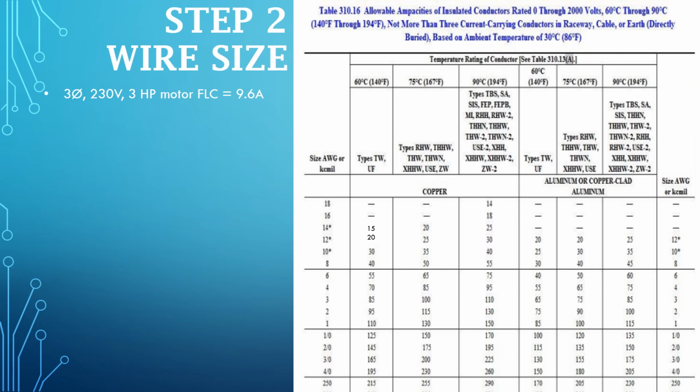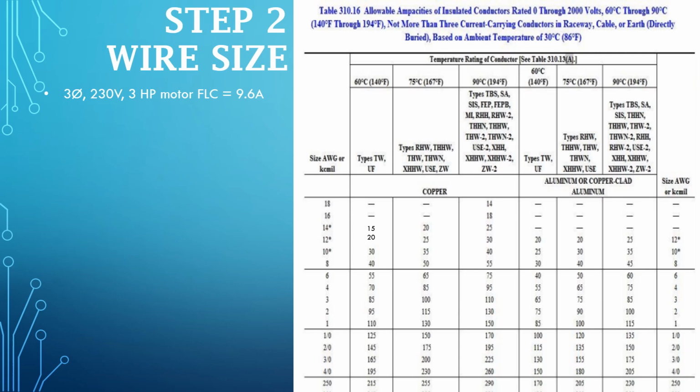So we're going to work right back through the same problems that we were just working on. Generally you're going to be working a motor from one end all the way to the other, so these first few steps, we'll look at the same thing at each of the steps. We've got our three-phase 230 volt 3 horsepower motor, and in our last section on step 1, we calculated that the full load current was 9.6 amps.